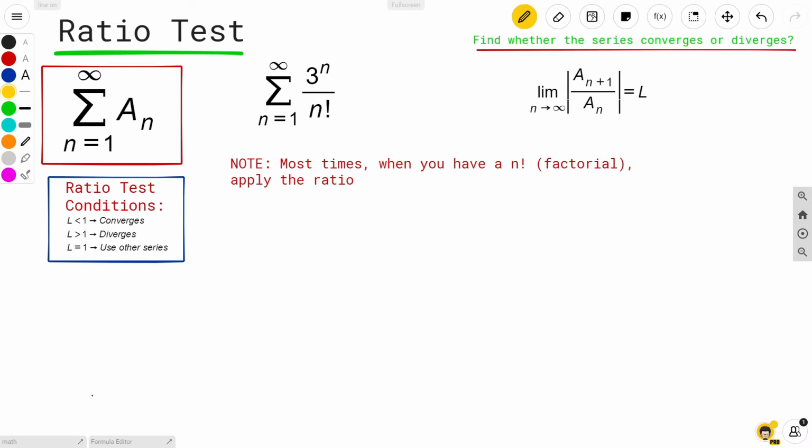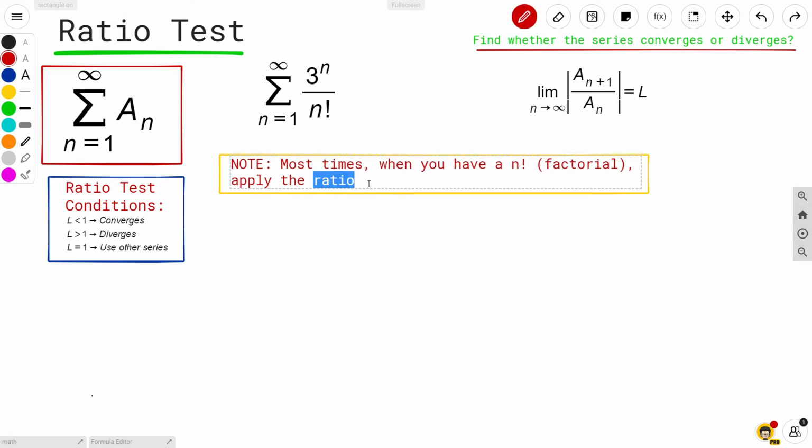And that's not always, that's just most of the time. So it's always good to link those together. Whenever you have a factorial, you apply the ratio test, which I forgot to actually write. Yeah, ratio test. All right.